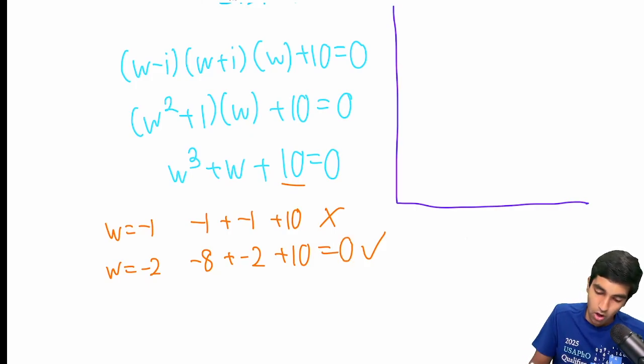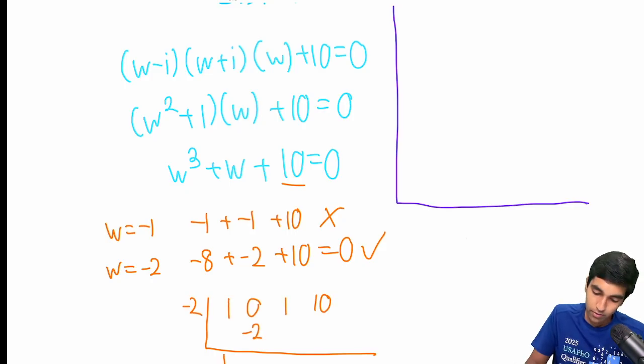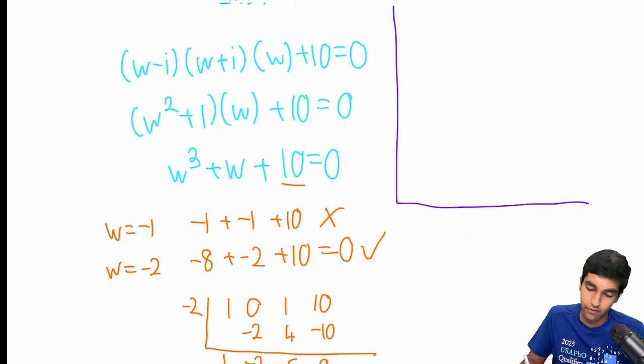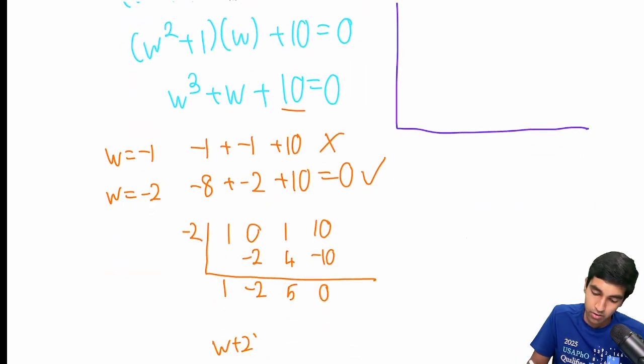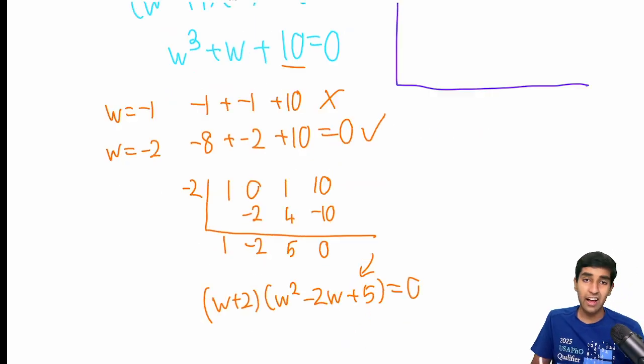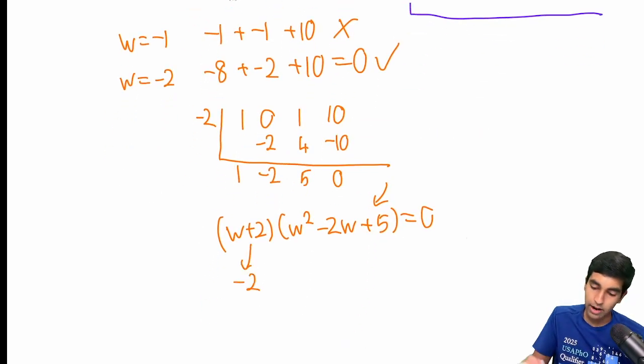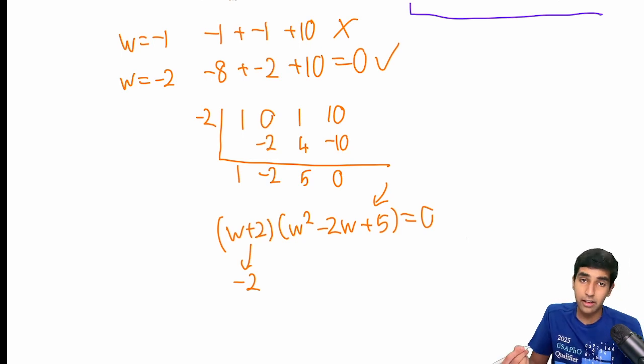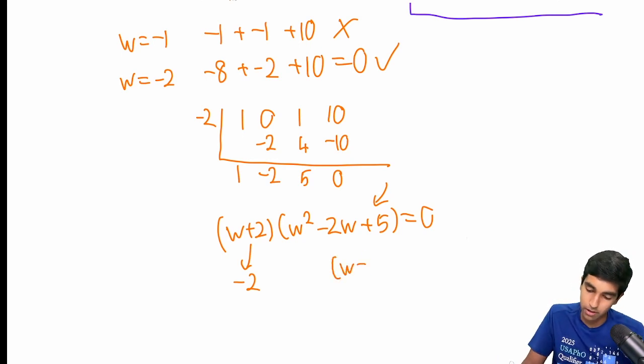Okay, so now all we have to do is some synthetic division, right? Negative 2, 1, 0, 1, 10. Bring down 1, negative 2, 4, 5, negative 10, 0. It's just standard synthetic division. And we get w plus 2 times w squared minus 2w plus 5 equals 0. So we have our root negative 2. For this one, the easiest way is honestly completing the square as opposed to the quadratic formula.